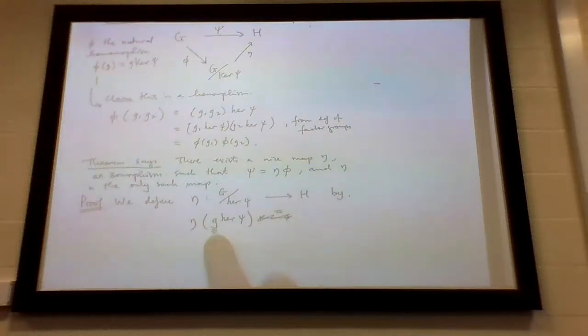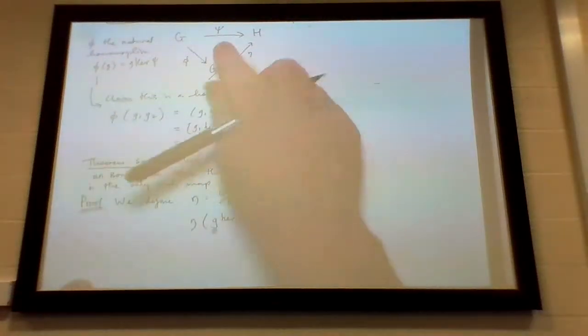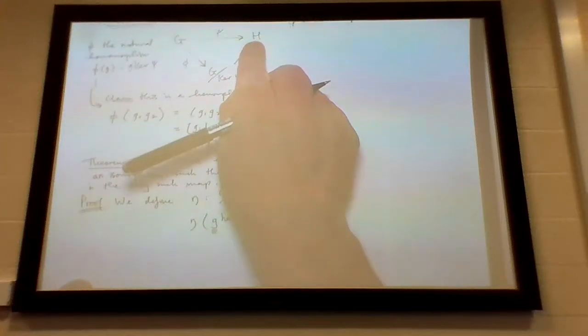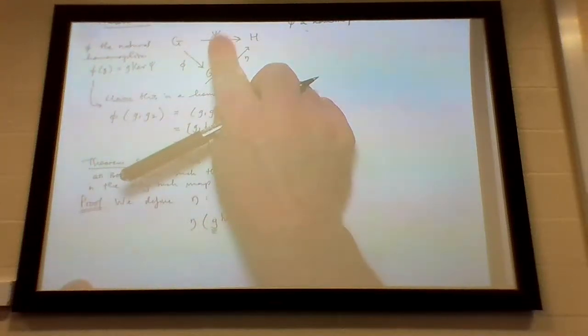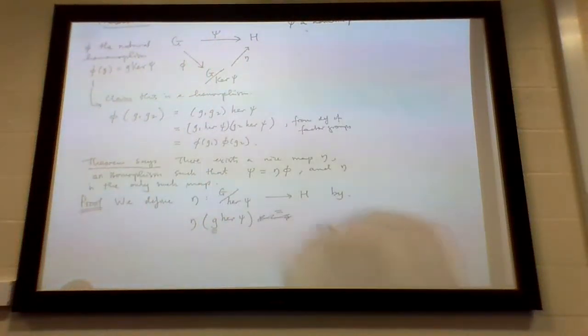We want to end up in H. The only way we've got to specify elements in H at the moment is as values of the map psi. So this is defined to be psi of little g. Okay, so that's how we set out to define this map.